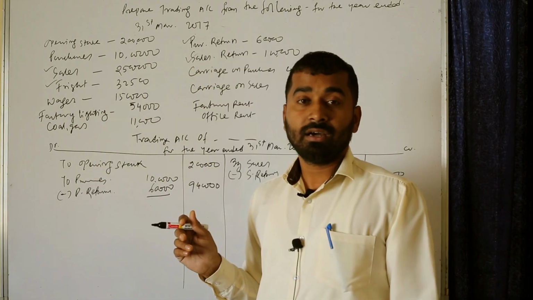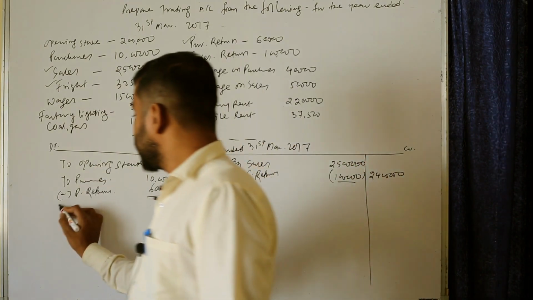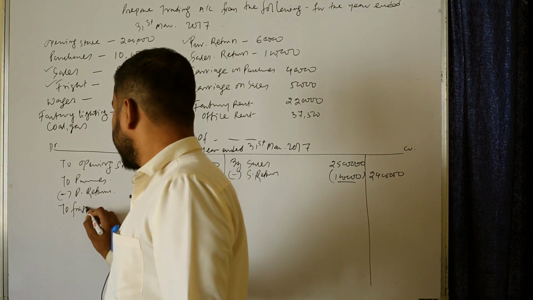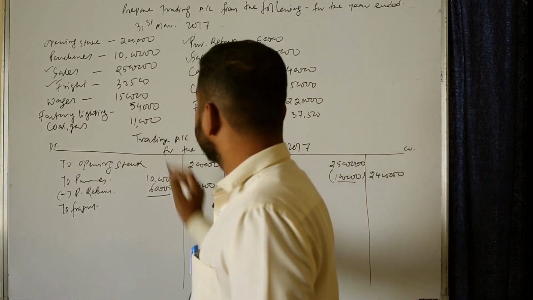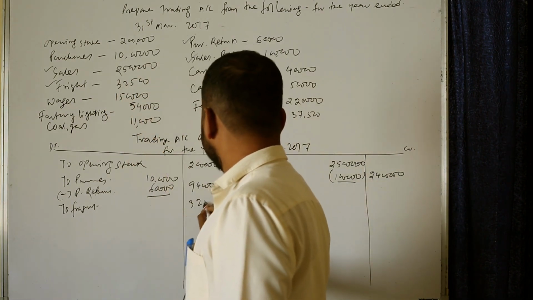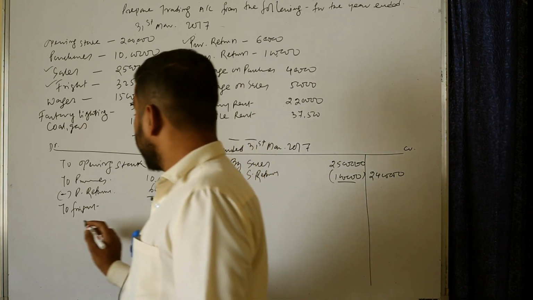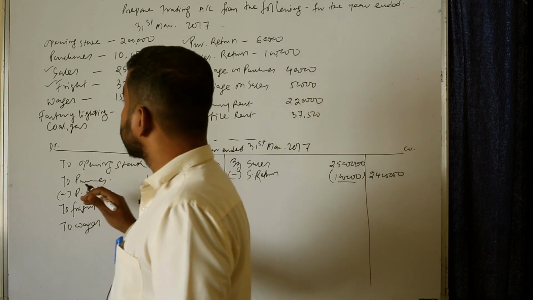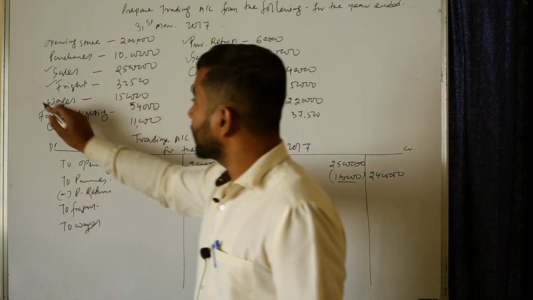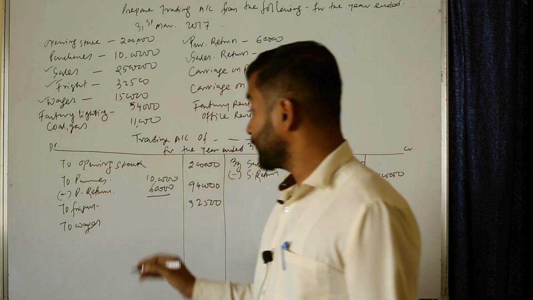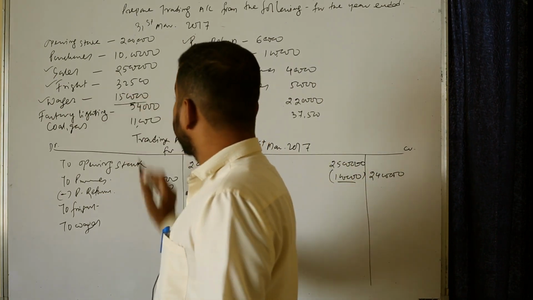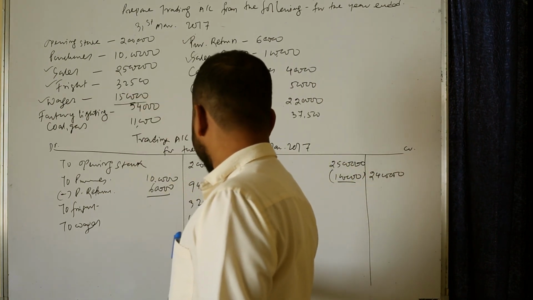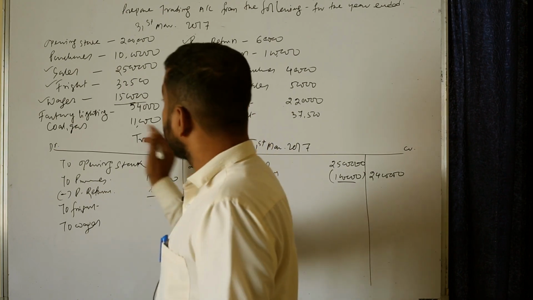It is the carriage inwards, so to freight, 32,500 I have taken here. Next, to wages. I know wages I was supposed to write before, but you got it later, you can write later also, no issue. To wages, 1,50,000 we have here.